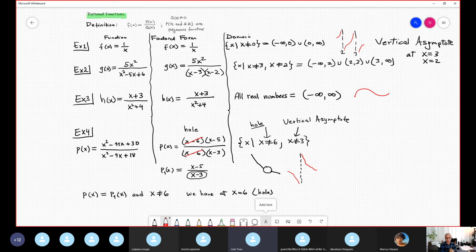We expect holes. How do you get a hole? You factor. The factor gets canceled out, boom, it's a hole. And the representation for the hole is like that. A factor that stays alive in the bottom is the vertical asymptote. Any question, guys?